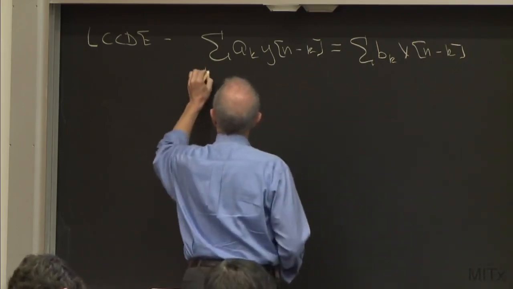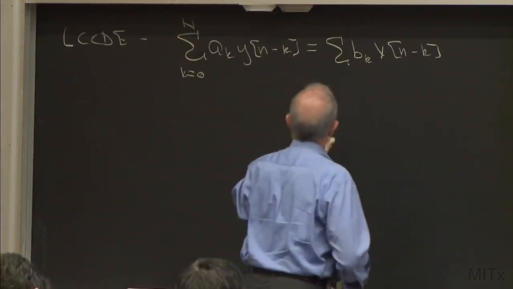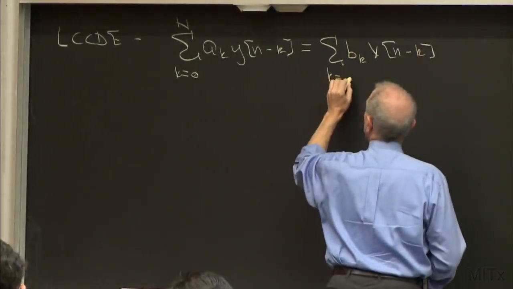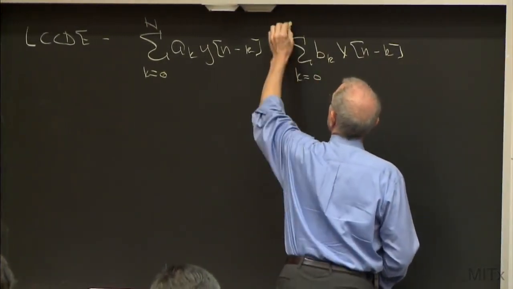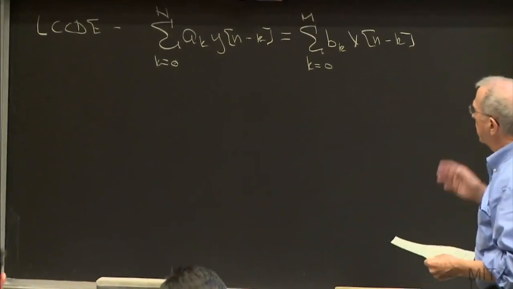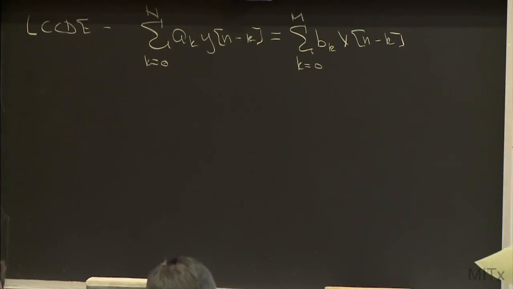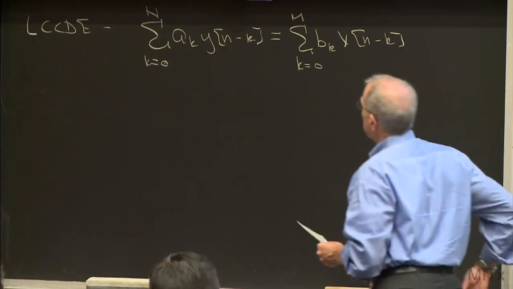And so this would be k equals 0 to N, and this would be k equals 0 to M. This is the generic form of the linear constant coefficient difference equation.